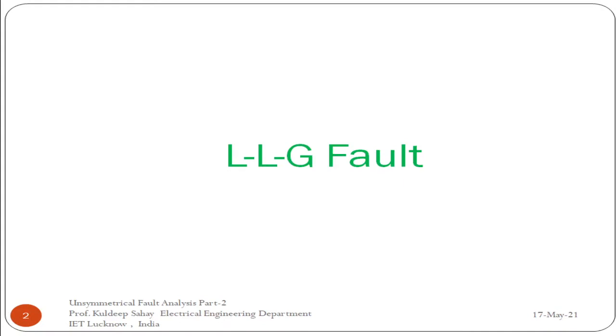So that limits the fault current, while in the double line fault the role of fault impedance is not so powerful compared to the line to ground fault. So there is a much higher value of the fault current in the double line fault.